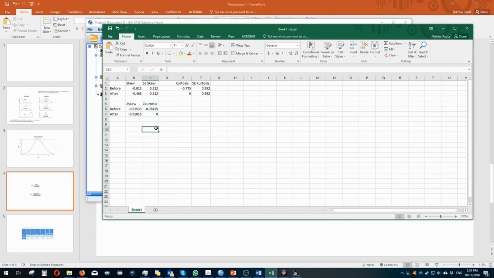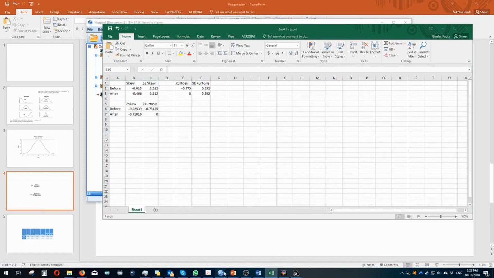So if these values fall between plus or minus 1.96, we would say that the probability of the distribution being non-normal is greater than 5% or 0.05, and therefore the test itself is not statistically significant, and they fall within our normal parameter values within the normal distribution. Okay, so that's how we test for normality using this method.